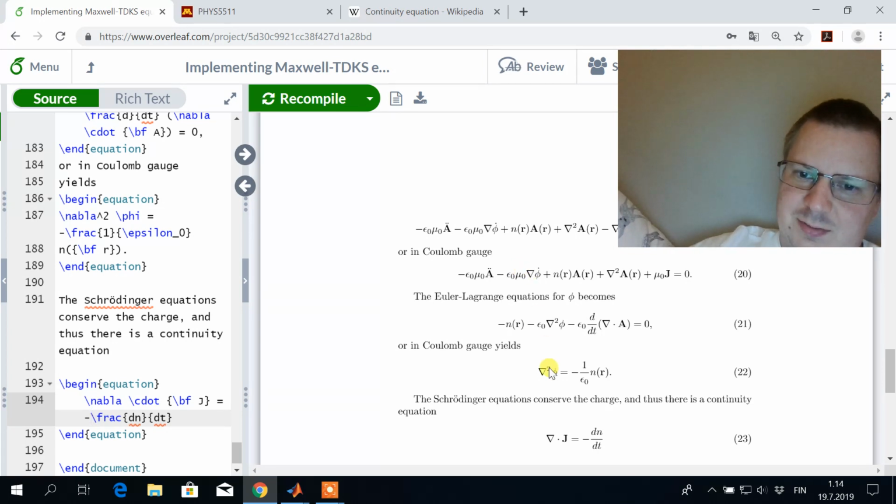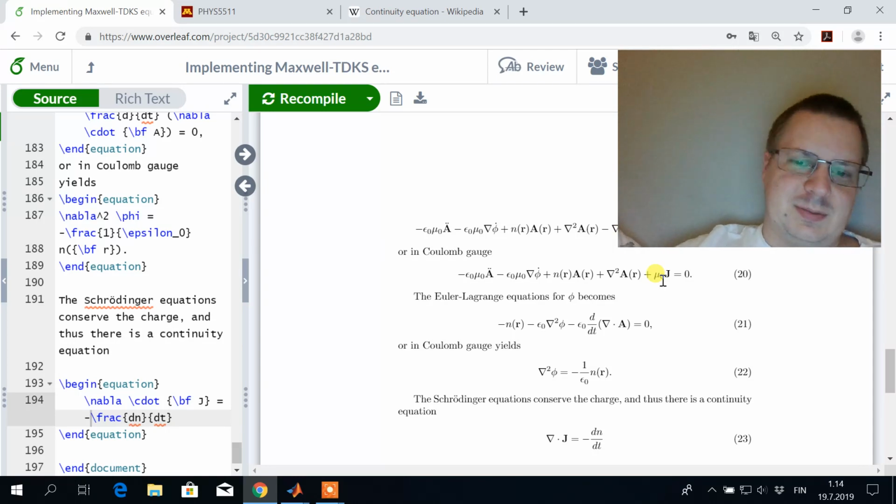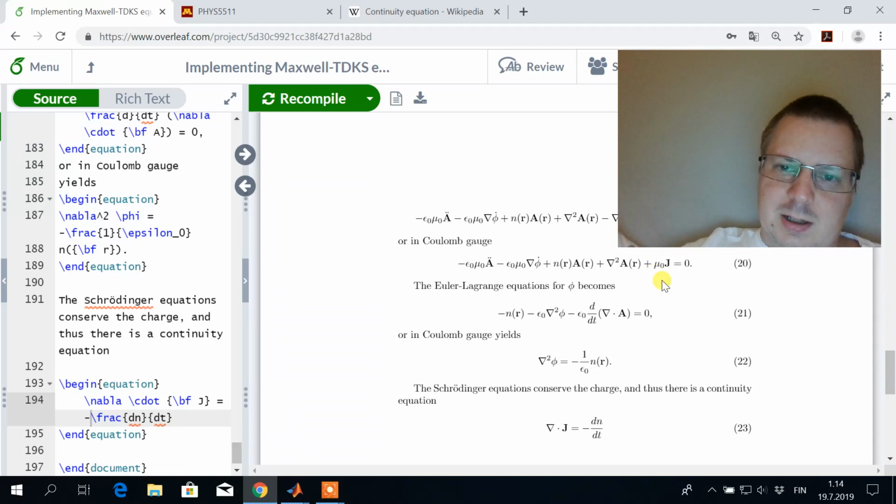Then we can utilize this equation. It would be 1 over epsilon 0. And then there's the dot, so it becomes dn/dt. So these two cancel for the longitudinal part or something like that.